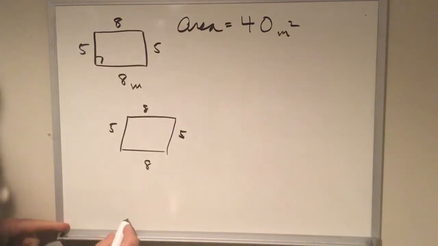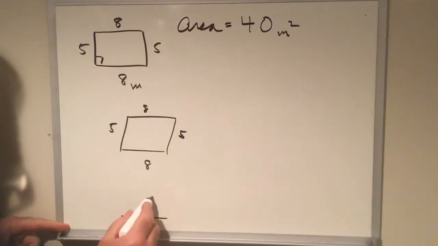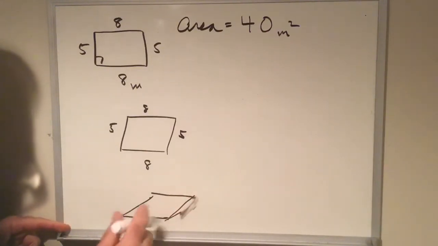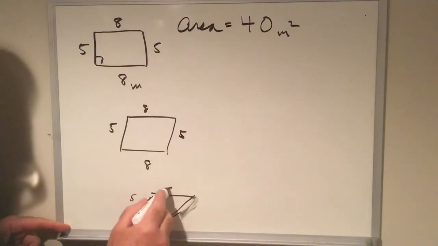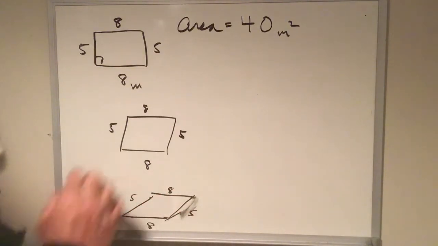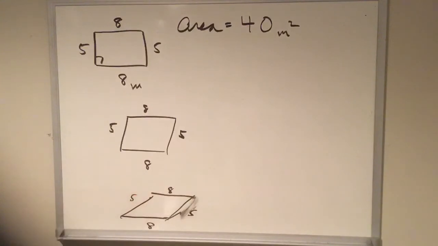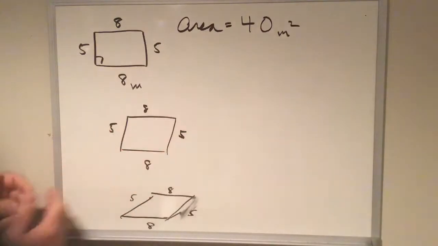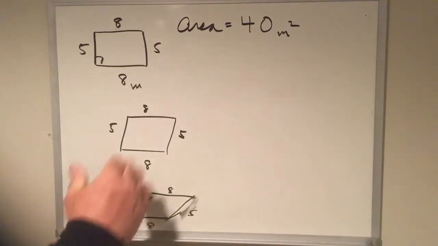And just to draw an extreme version of that, you've got an 8 and a 5 down here, right? Parallelogram. And you can see what's going to happen to the area inside, that flat surface area. What's going to happen as the parallelogram begins to collapse? What happens to the area inside? It becomes less. There's less area in there when that starts to happen. So that brings us to this idea.